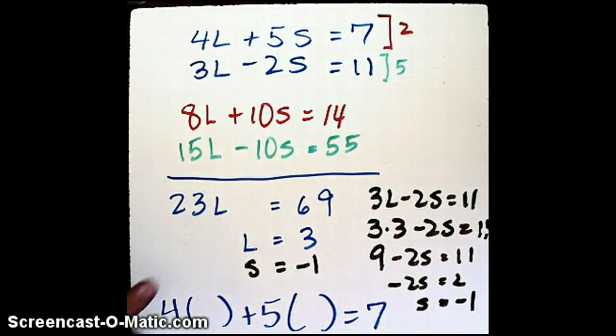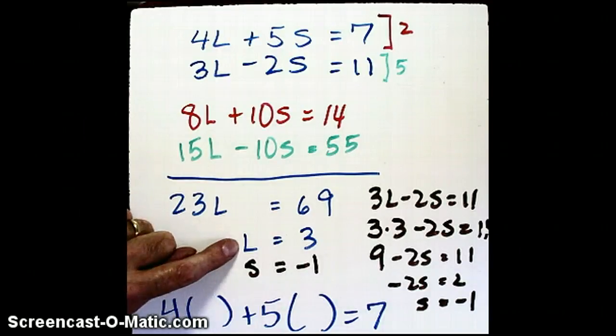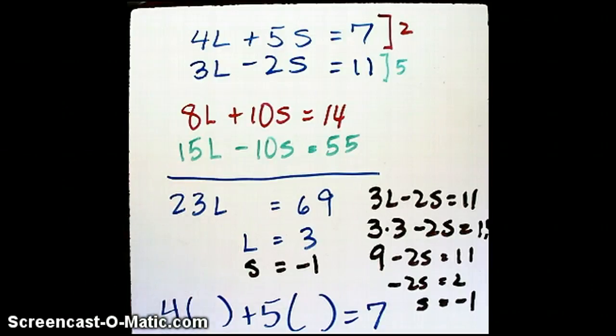What I do is I add these together. 23L is 69, and I divide by 23, and I get 3. So that tells me that L, the larger number, is the integer 3. I need to be able to find the smaller integer. I need to go back to one of my original equations at the top and find that.